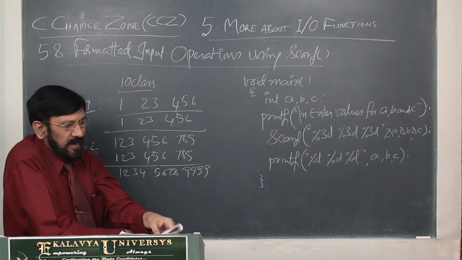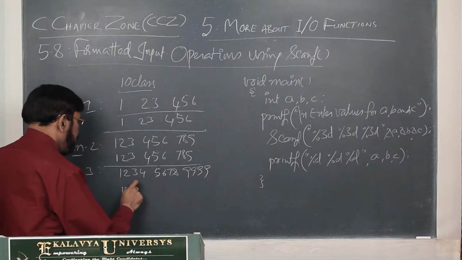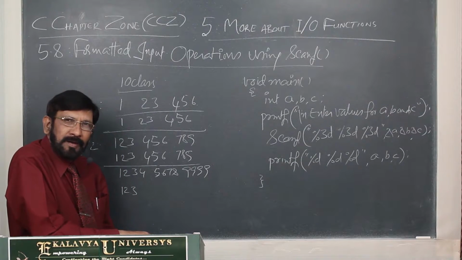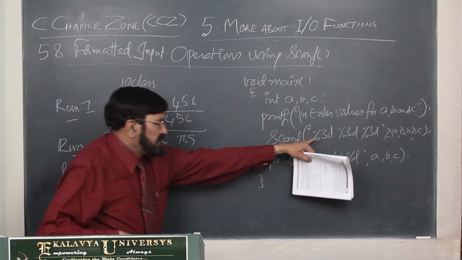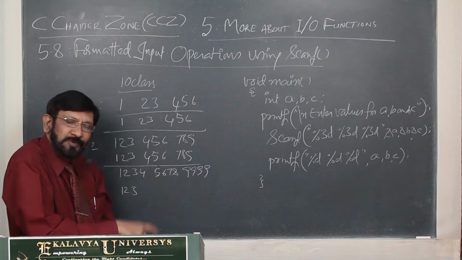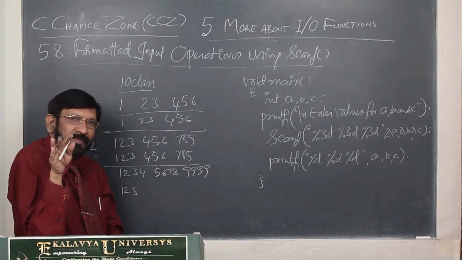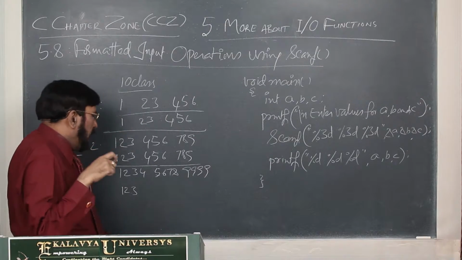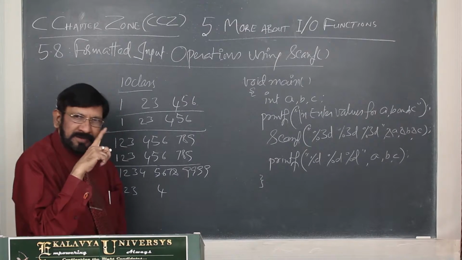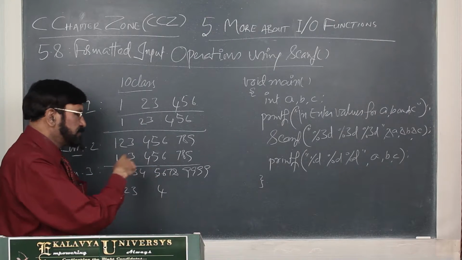As a result, what happens? First, 123 is printed. Because of the width specifier 3, it does not allow the 4. So the 4 remains in the input stream, and this is printed for B. Whatever remains in the input stream is printed for the subsequent value.